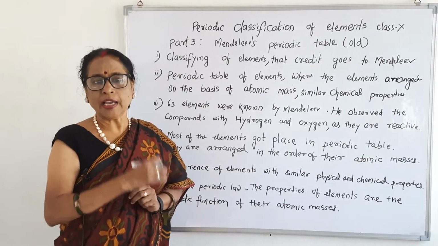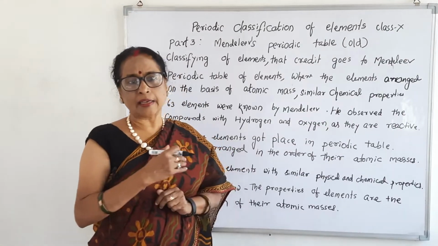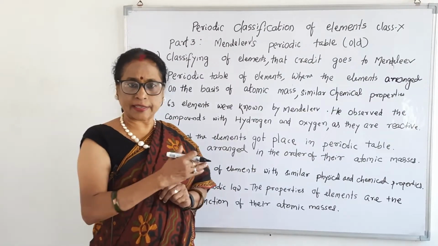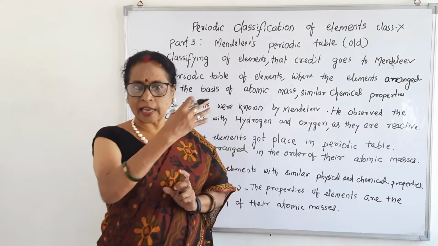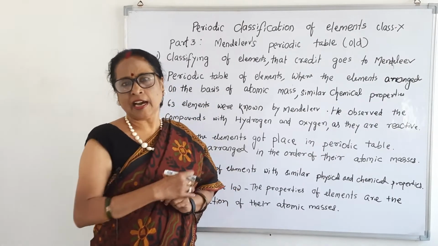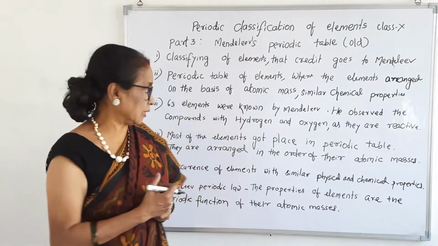He made hydrides with hydrogen and oxides with oxygen, and those compounds were compared with each other.